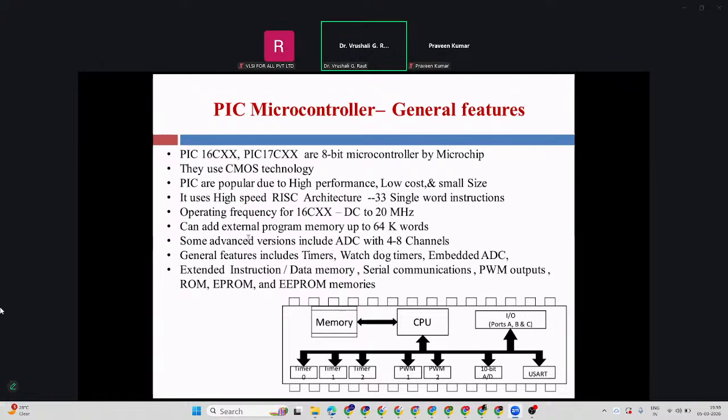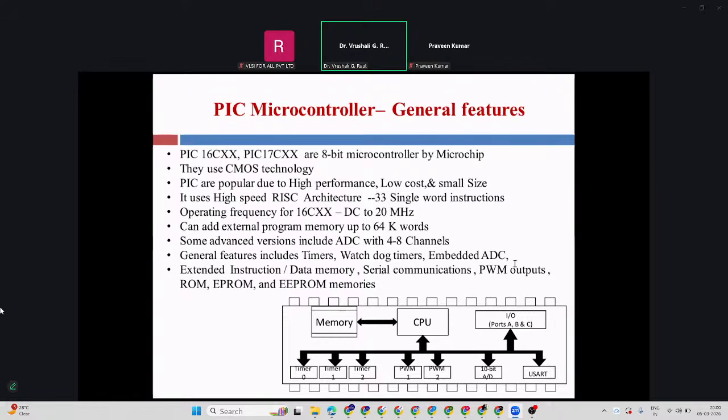Then some advanced versions include ADC with 4 to 8 channels, as I have shown here. This is the advanced one, and it has 4 to 8 channels or 10-bit ADC. General features include timers; we know what timers are. Watchdog timers: it is watching the program, it will watch the execution of the program, so the name is watchdog timer.